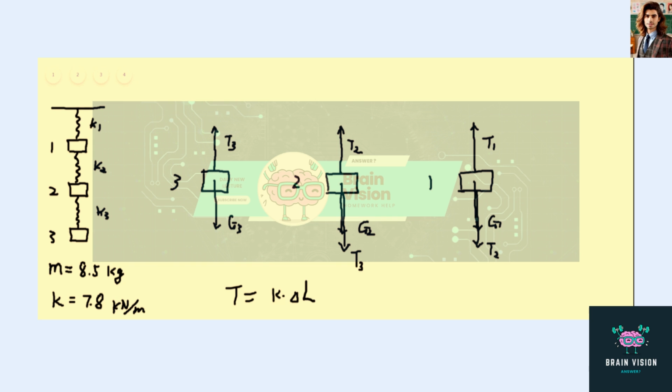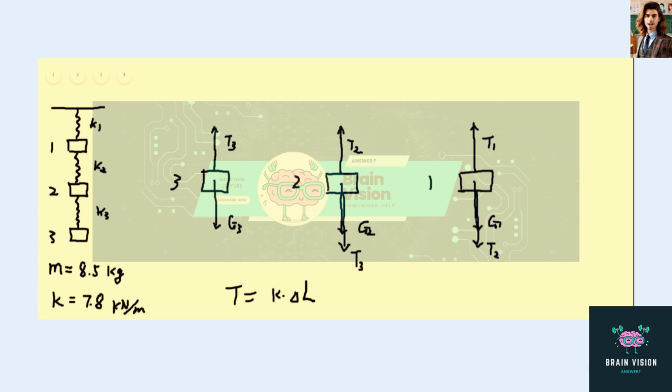So asking for this delta L, the displacement, is actually equivalent to asking us to solve for the spring force of each of the springs. That means solving for T3, T2, and T1.